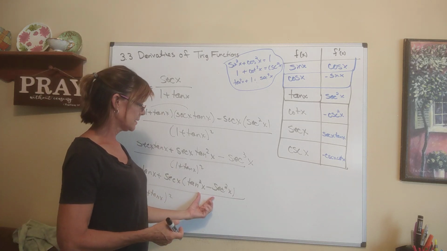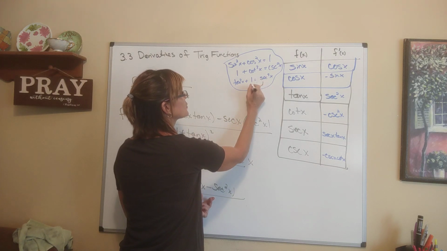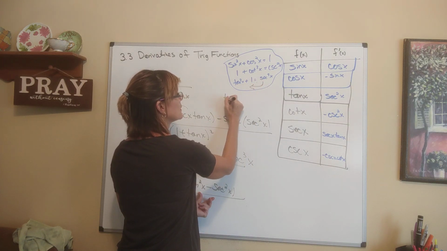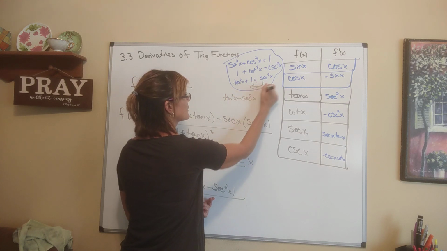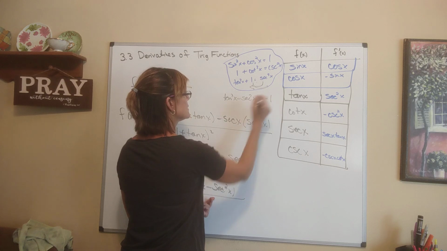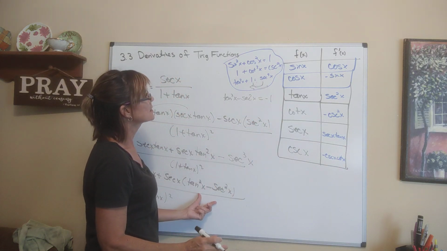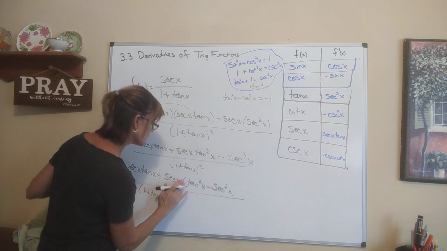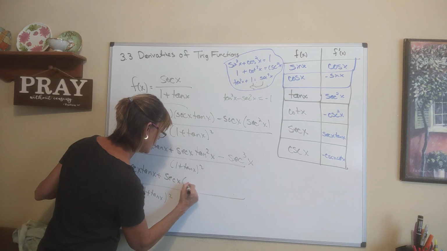Tangent squared of x minus secant squared of x: if you look at this Pythagorean identity, if I subtract secant squared and subtract 1, this is equal to -1. Tangent squared minus secant squared is equal to -1. So I'm going to replace this right here with a -1.